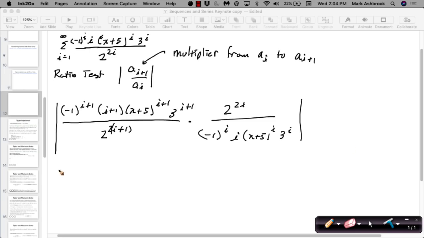Right? So I think we gather like stuff together. We'll have a negative 1. We'll have one more 3 on the top. How many more 2's do I have on the bottom versus the top? 2 more, so that's 4, 2 squared. How many more x plus 5's do I have and where?